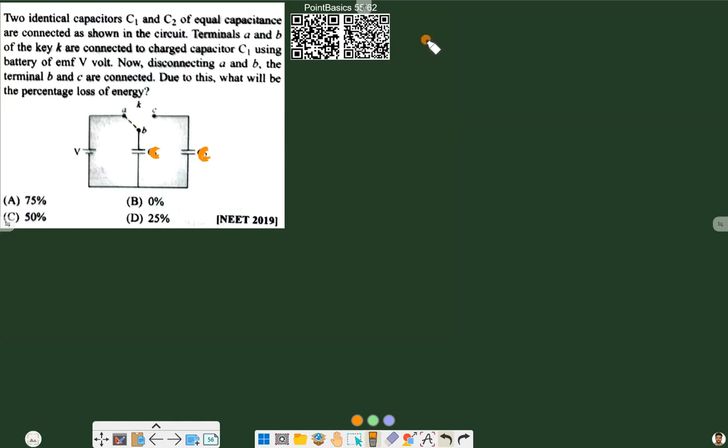So here we will use two things, first energy and second charge conservation. Because battery is disconnected, so charge will remain conserved. So initial energy will be half C V square, and initial charge will be C into V.